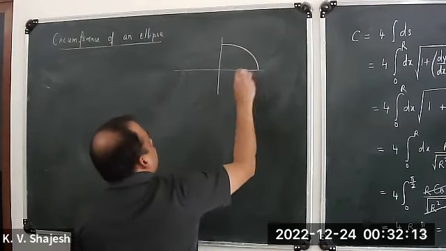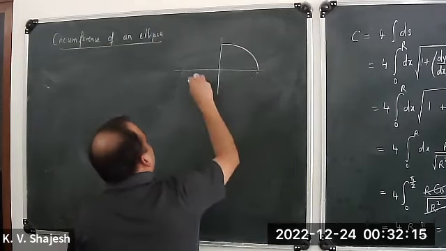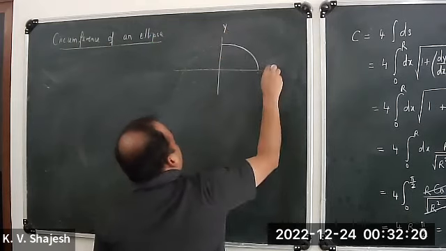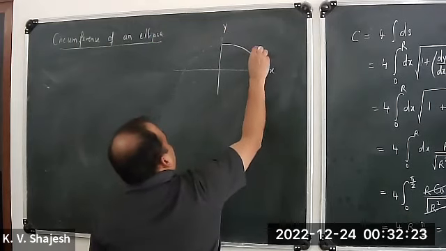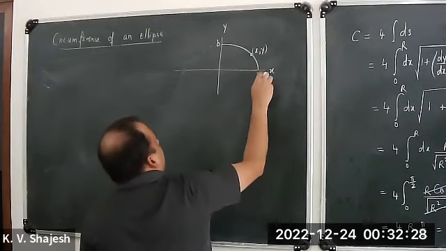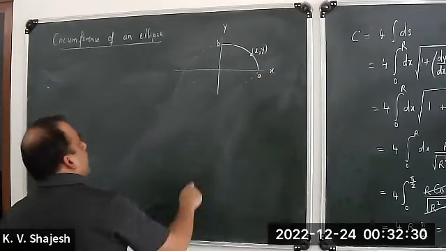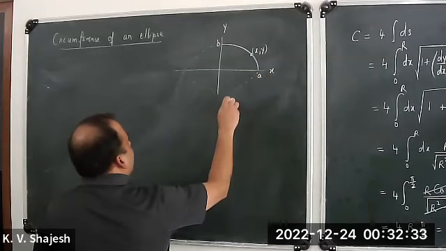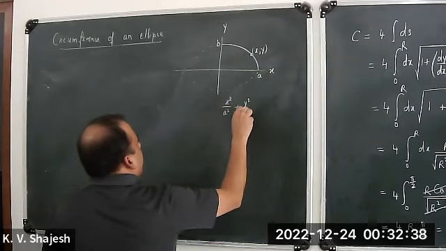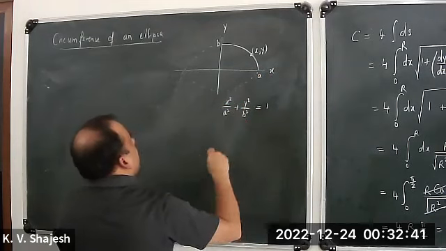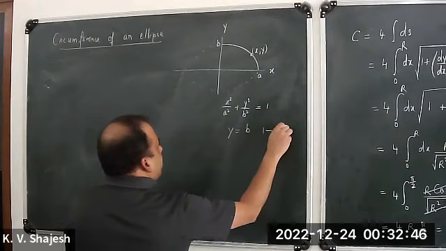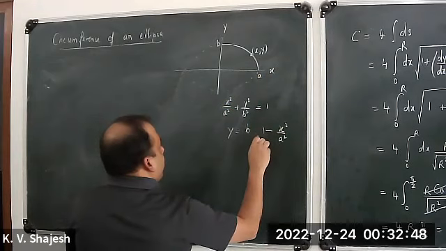That's the piece we have, and the idea is that it's 4 times that. There is complete symmetry there. This is y, that's your x. Somewhere here is your x comma y, and that's point B, and that's point A. And the equation is, as we said, x square over a square plus y square over b square is equal to 1. If I solve for y, I have b times the square root of 1 minus x square over a square.